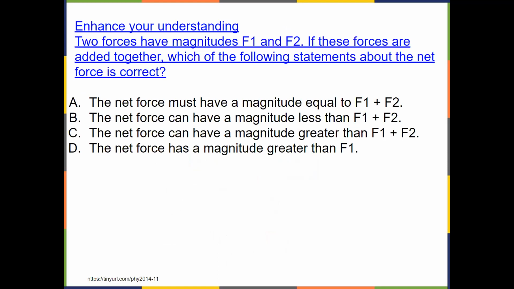Think about having two forces add up, and with the resultant, you form a triangle among those three. What will be the magnitude of the net force? Tell me what you think by clicking on the problem here. Then you can submit your answer.